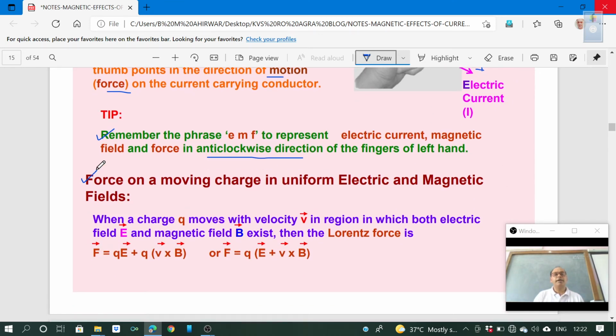Now we combine the force on a moving charge in uniform electric field as well as magnetic field.